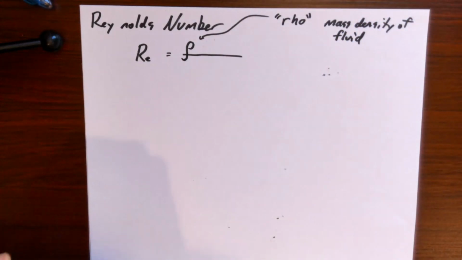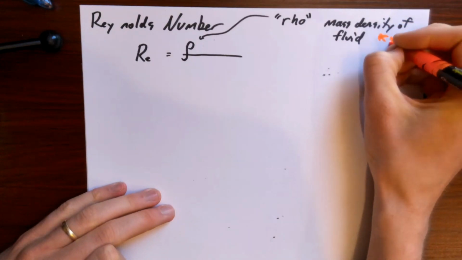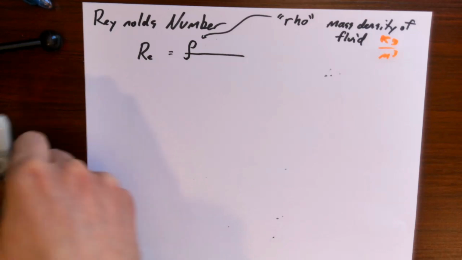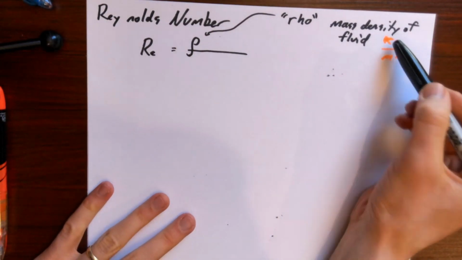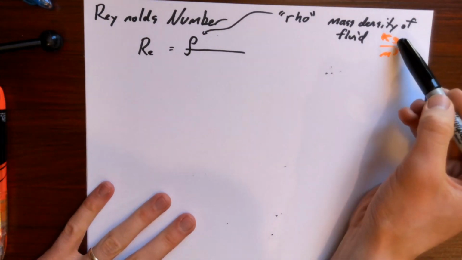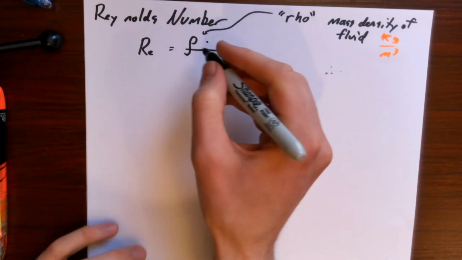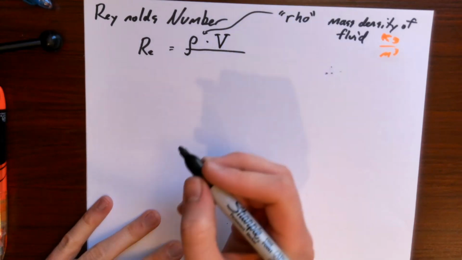And of course, mass density would have units of kilograms per meter cubed. Although, in high school chemistry, it would still be a mass per volume if you expressed it as grams per milliliter. The second term in the Reynolds number is a velocity.